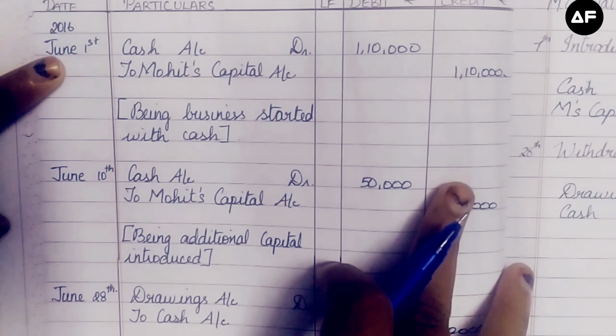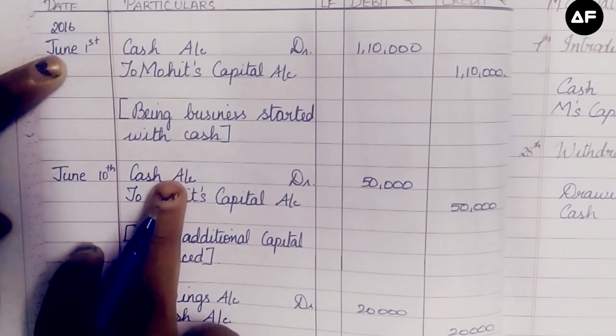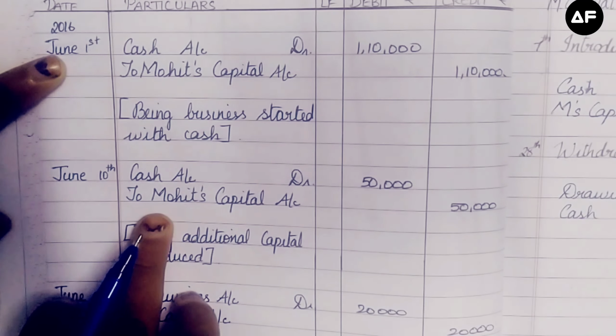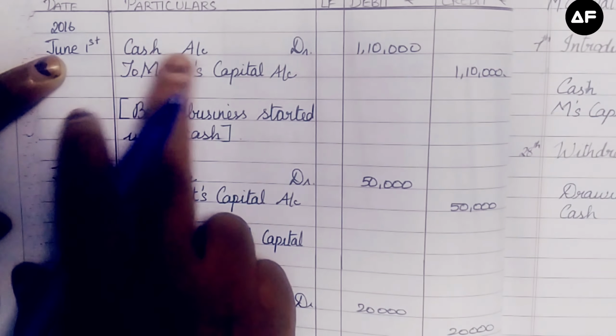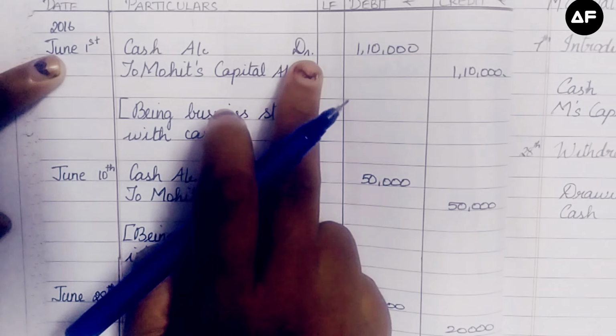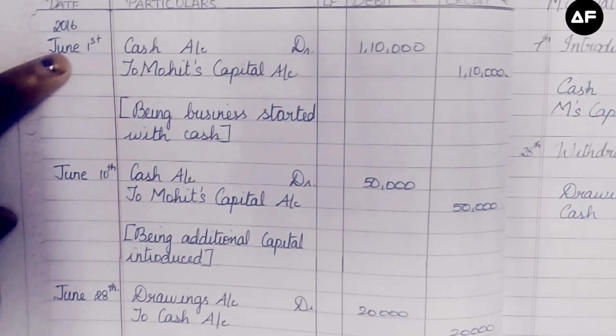In this sum, practically all the three transactions have cash in them. So all the three transactions have to be recorded. The first and the second entry combined are cash account debtor to Mohit's capital, and the same over here. So go to the debit side of the cash account and write the opposite account name, that is to Mohit's capital account.